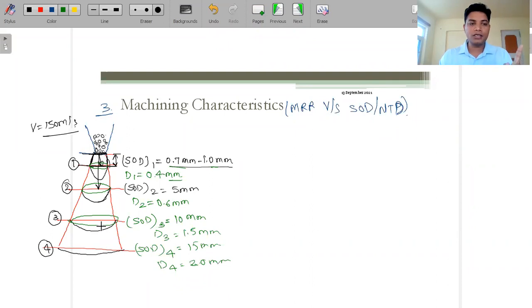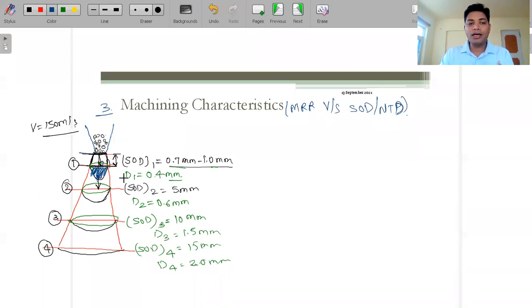Now here the question can be raised that the total volume will be the same. Are you getting my point? Please concentrate: the question can be raised about the total volume, if you see this small semi-sphere.